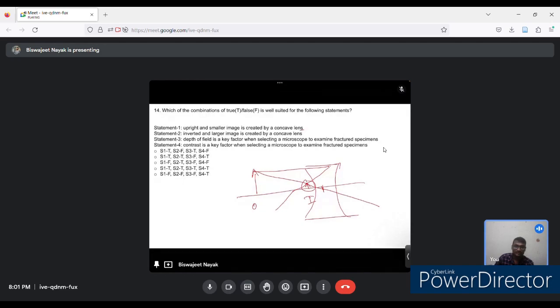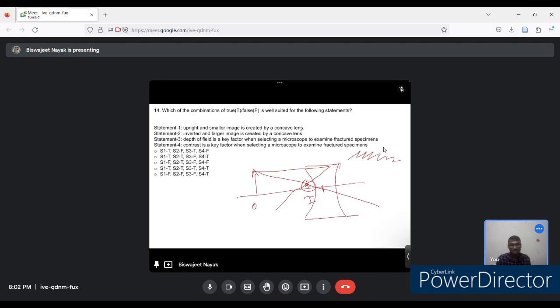Depth of field is a key factor when selecting a microscope to examine a fractured specimen. That's true. If a specimen has lots of ups and downs, then depth of field matters a lot, because the image can be focused by varying the distance of the object.